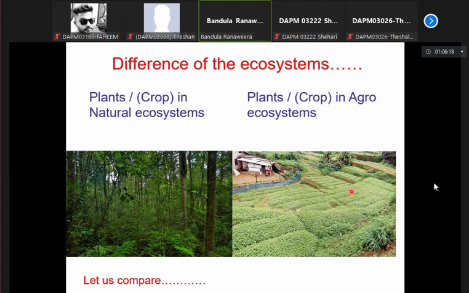In the agro ecosystem, maybe the primary consumers are there, but secondary consumers like birds or other insects that eat the pests can't live here because they don't have habitat, a place to rest. This is the habitat for the primary consumers, that means the pest.